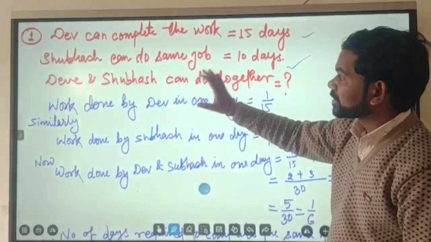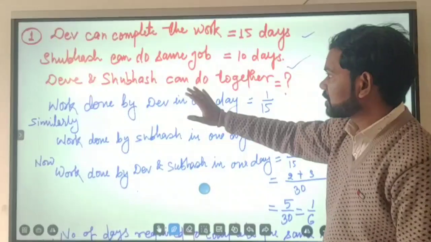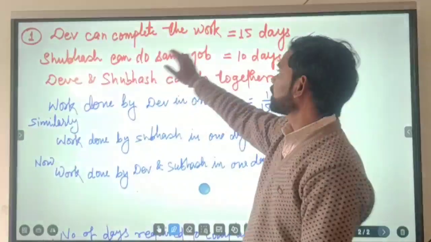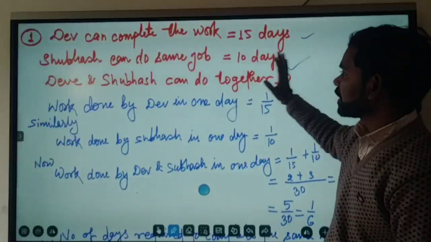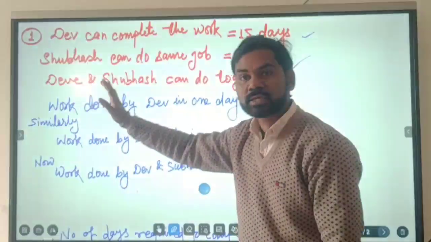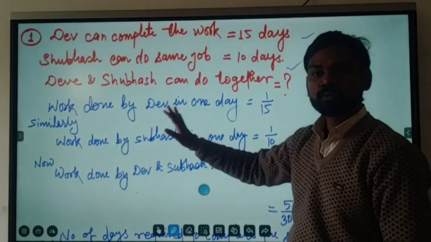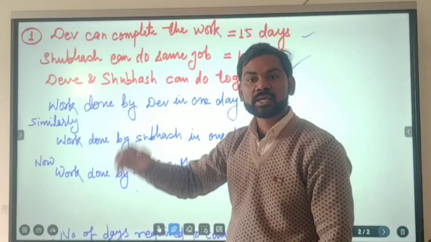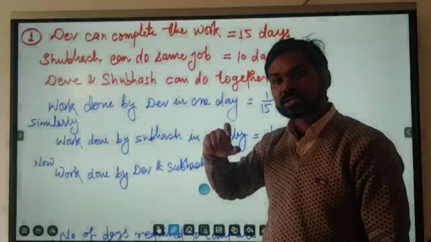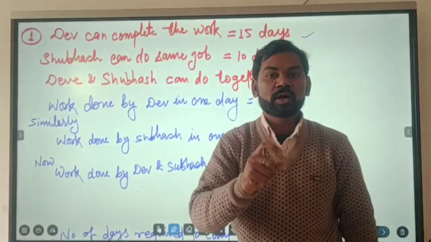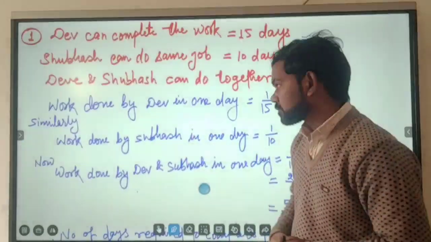The question says that Dev can complete the work in 15 days, whereas Subhas can complete the same piece of work in 10 days. What number of days is required to complete the same job when Dev and Subhas work together?